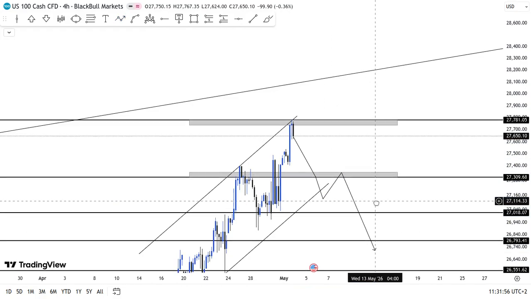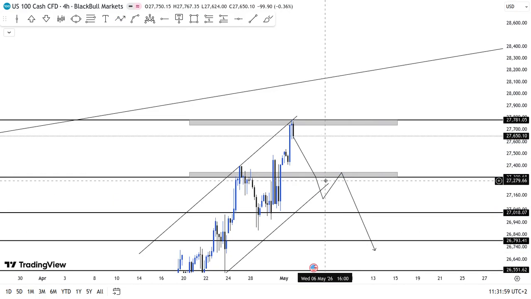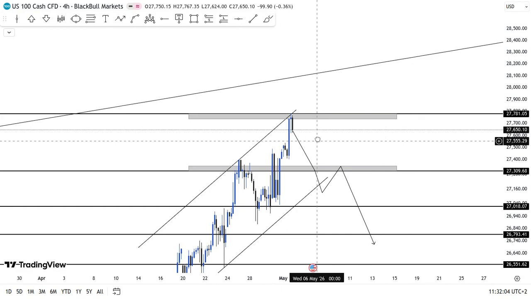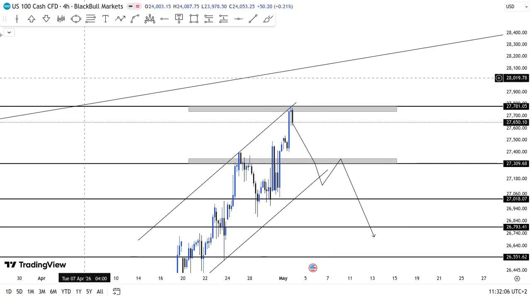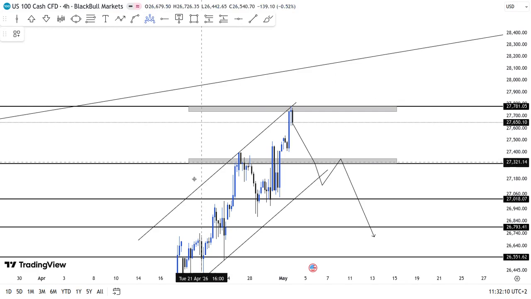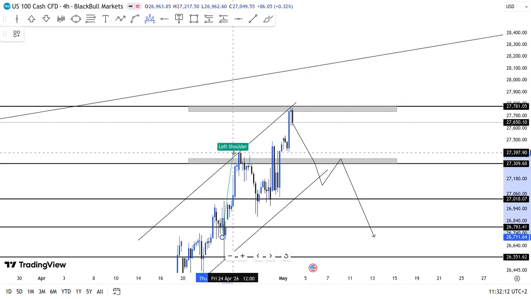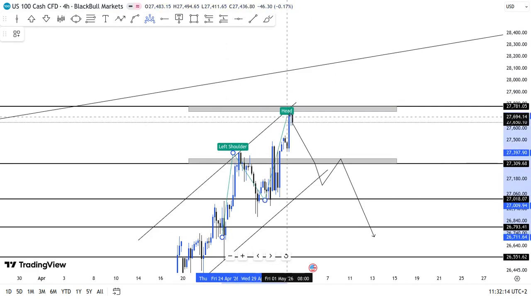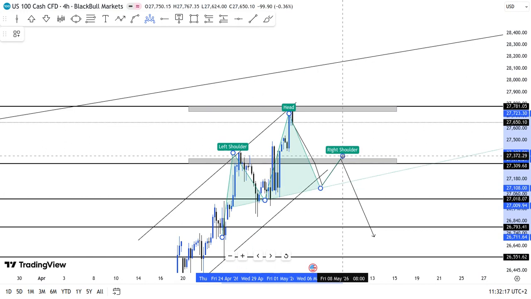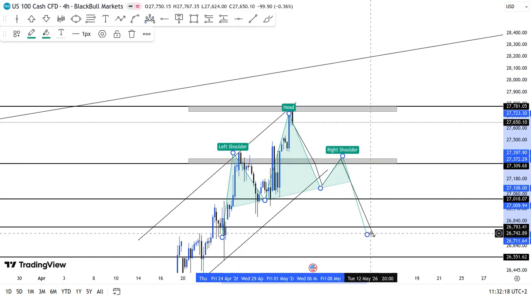You might be getting a fake out right here, thinking we are going to be bullish, but unfortunately you are caught on the wrong side. With this structural shift, you might see price created the left shoulder, the head, and then the right shoulder, and then we are bearish.